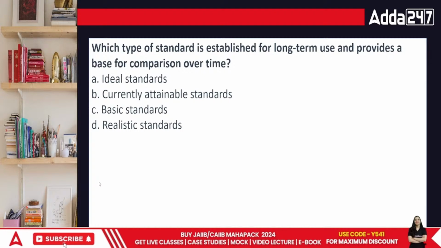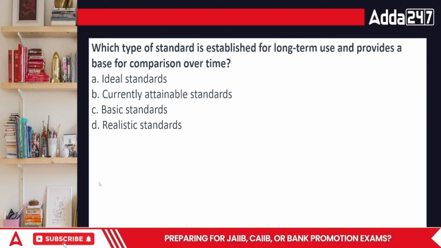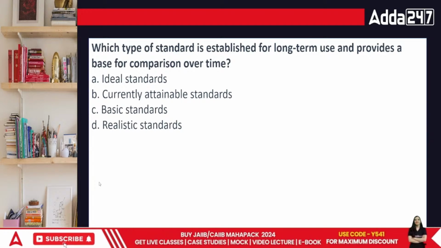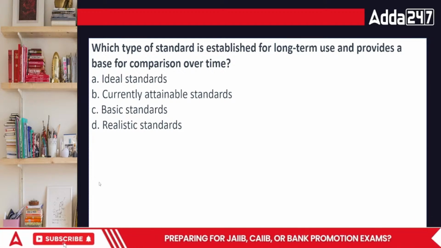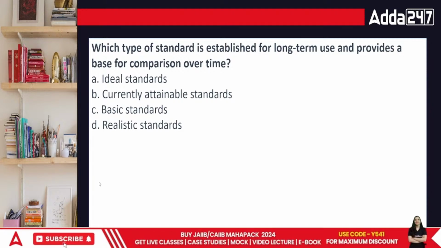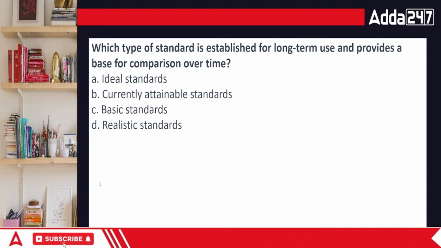And when we talk about ideal standards, for example, you and I know that we should live with honesty. That's ideal. But can we live with honesty? If the organization does this, probably they will die in a day. Currently attainable standards, they're talking about the present situation, not the genuine ones. Regularity?